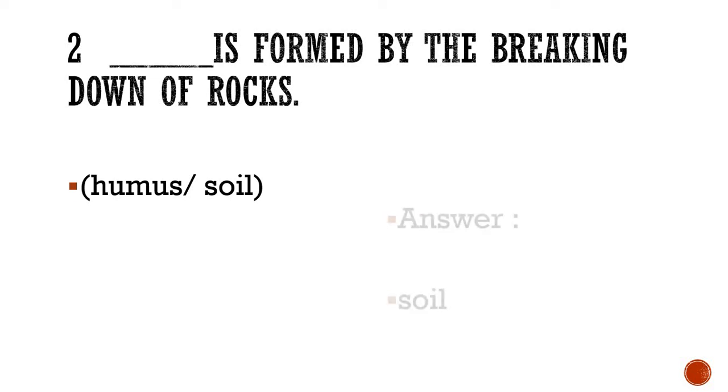So let's see what the correct answer is. Correct answer is soil. Please repeat this once after me. Soil is formed by the breaking down of rocks. I hope this is clear enough, students, and you know that humus is not formed by the breaking down of rocks.